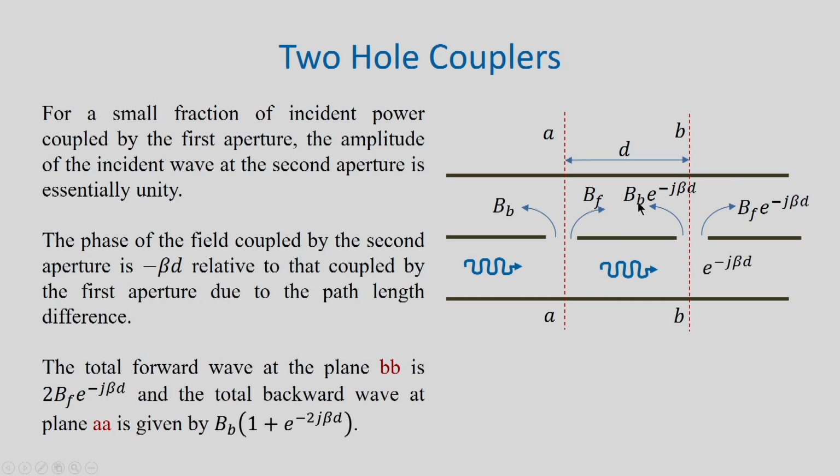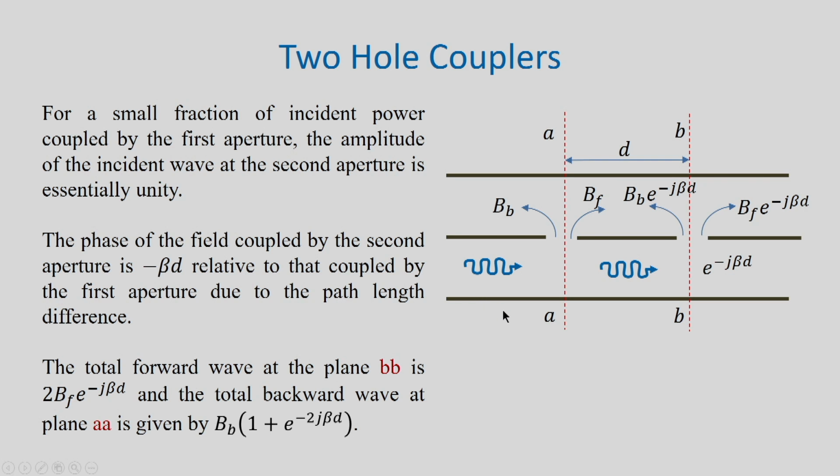So, we will have this second wave having a phase shift of 2 beta d, and therefore, the total forward wave at plane BB is BF e to the power minus j beta d from the second slot, again BF e to the power minus j beta d from the first slot, and therefore, it is 2 BF e to the power minus j beta d.